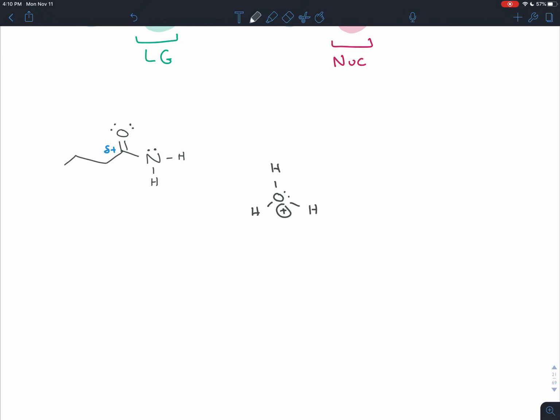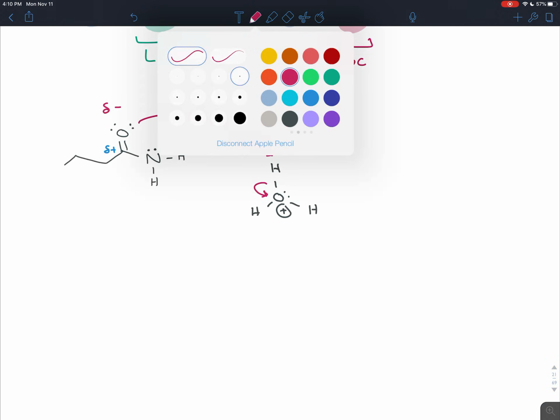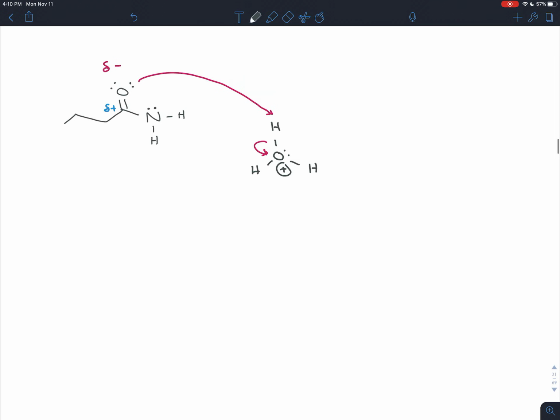We had the carbonyl oxygen, which is slightly negative, steal one of the slightly positive hydrogens on hydronium. The electrons snap back onto the oxygen there to stabilize the positive charge on that oxygen, and that turns what was a very mediocre, if not bad, electrophile into a much better electrophile.